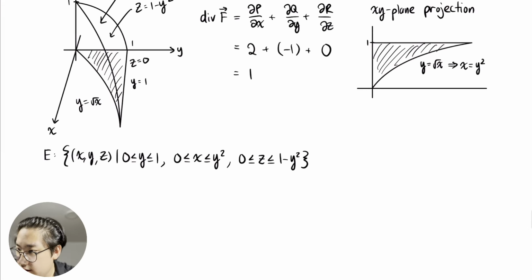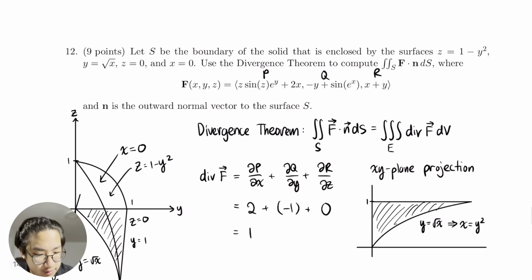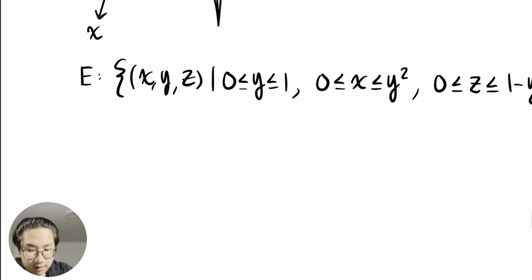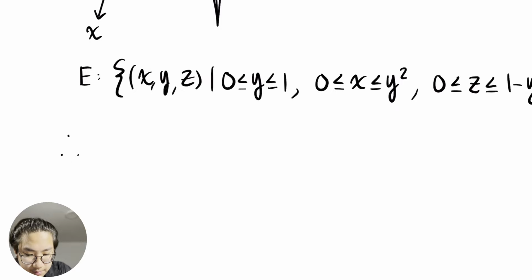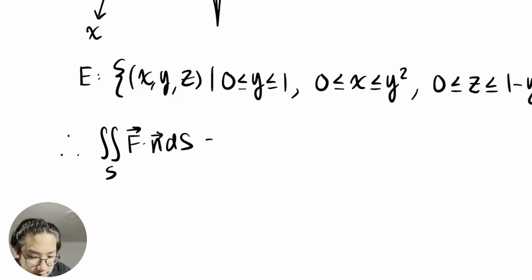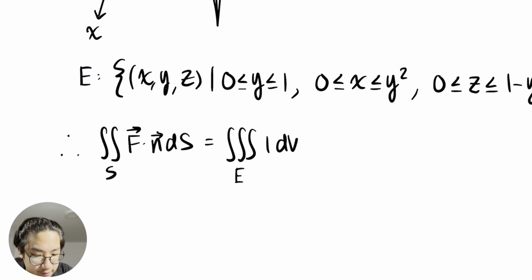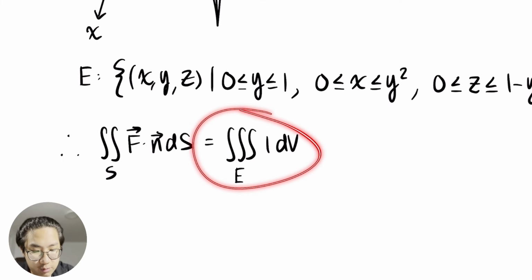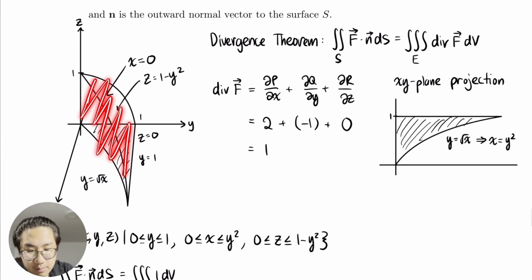Okay, and then from here, all we have to do is compute this portion. So the surface integral of f dot n dS is equal to the triple integral over our solid E of 1 dV. And you should recall that effectively this is just finding the volume of the solid.